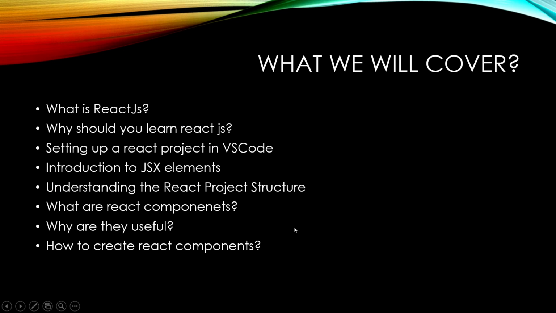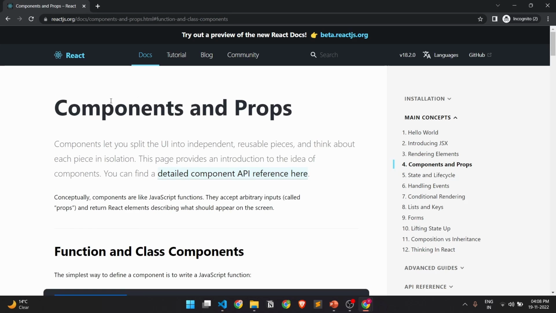And before we go, I would like to cover this second last topic that I have not covered yet. Why are React components used? For example, this site, the React documentation site, if you actually see it, you'll find that it can be broken down into different components, right?